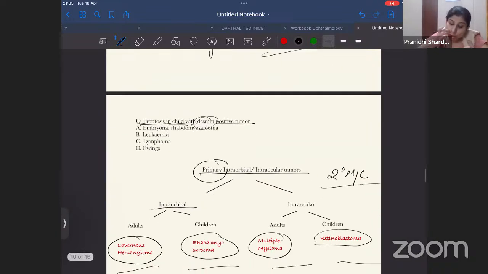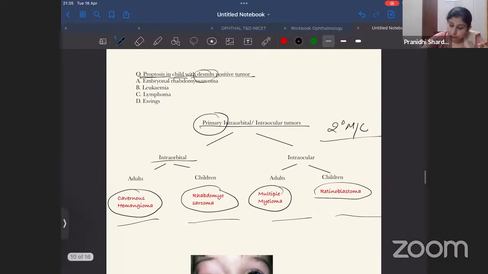So, in the question, we were given proptosis. It means intraorbital tumor. Child age group, rhabdomyosarcoma. Again, desmin we discussed already. Whenever there is metaplasia of striated muscles in connective tissue, the tumor shows desmin positive nature.